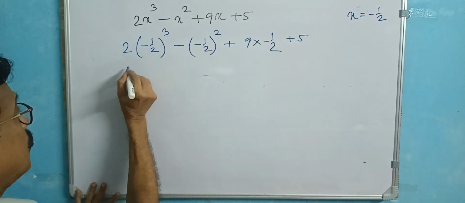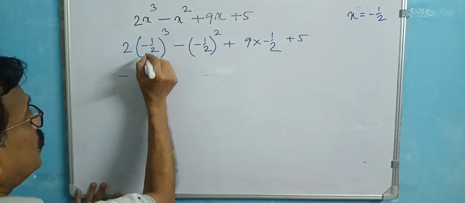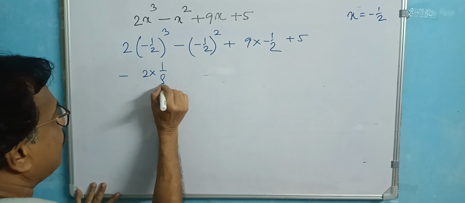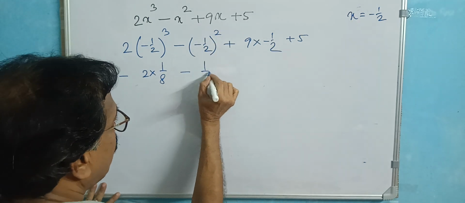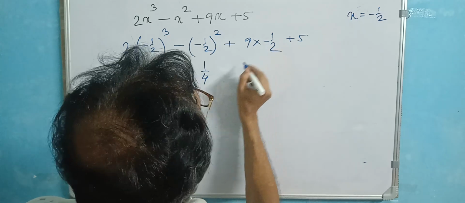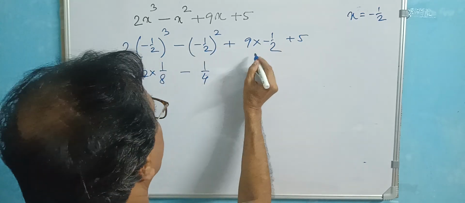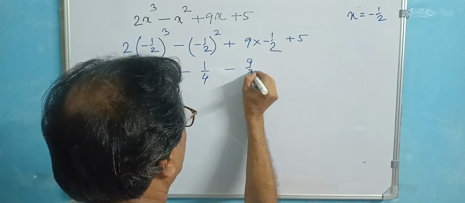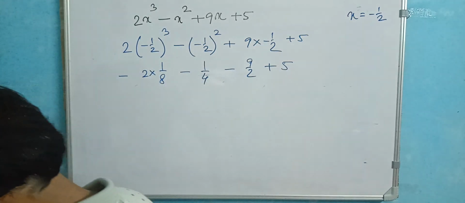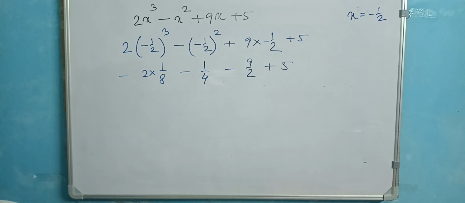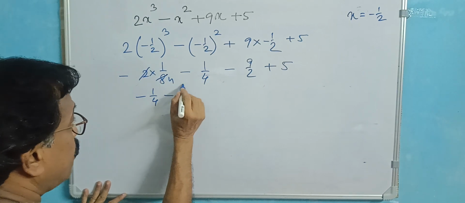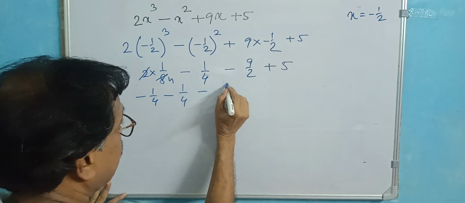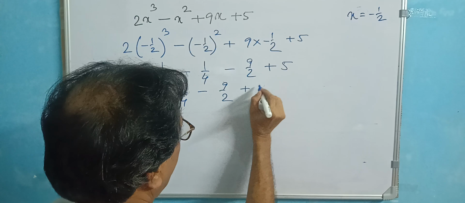Okay, so this is 2 into 1 by 8, and minus times minus is plus for the square, which is ultimately minus 1 by 4, and now minus 9 by 2, and plus 5. This ultimately is minus 1 by 4, minus 1 by 4, minus 9 by 2, and 5 or 5 by 1.